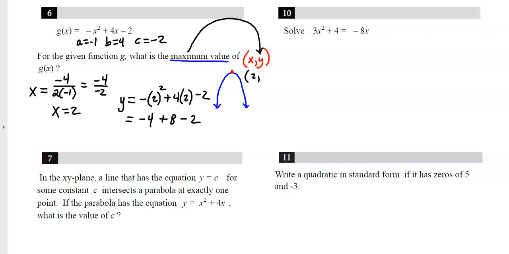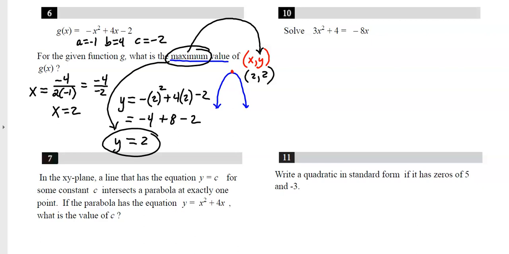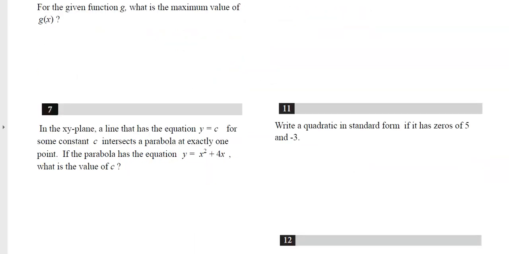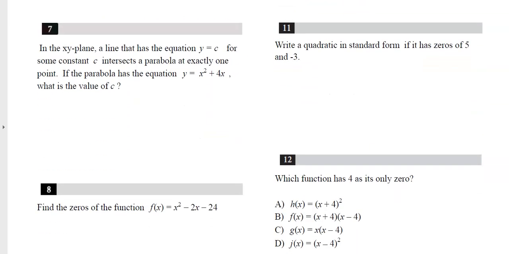So that ends up being 4 take away 2. Looks like y is 2. So the vertex is at 2, 2. So my maximum occurs right here at this y value of 2. So max and mins always occur at the vertex. You get that? You got a lot of information.